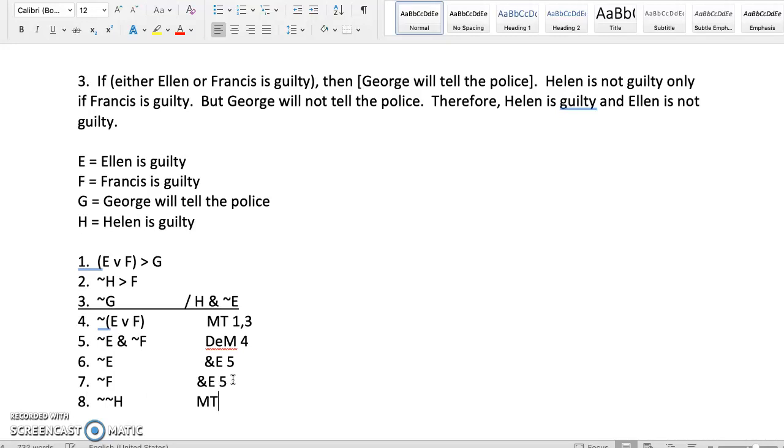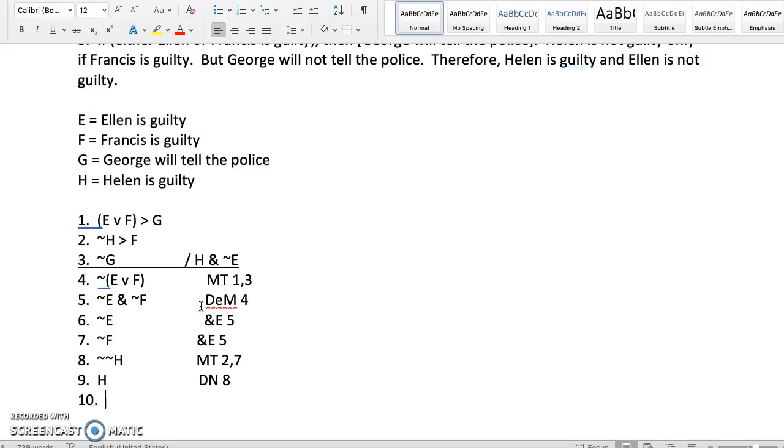So that's modus tollens 2, 7. Right? So we have a conditional, we have the negation of its consequent. That gives us the negation of its antecedent. So the negation of not H is not H. But again, we need plain old H here, so we're going to have to do the double negation rule to get rid of those two negations.